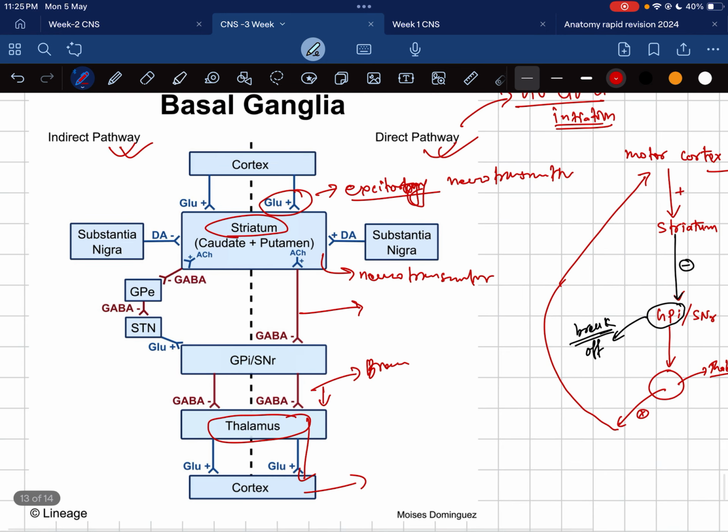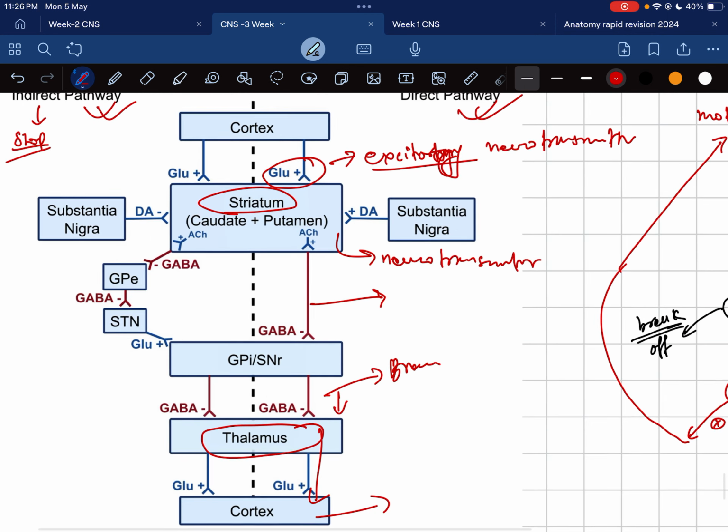So there is another, the indirect pathway. It helps to stop. For stopping, there is some unnecessary movement going on. So the cortex stimulates the striatum, the caudate and putamen.